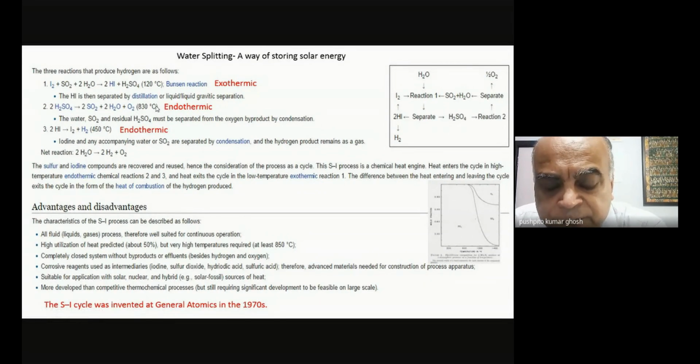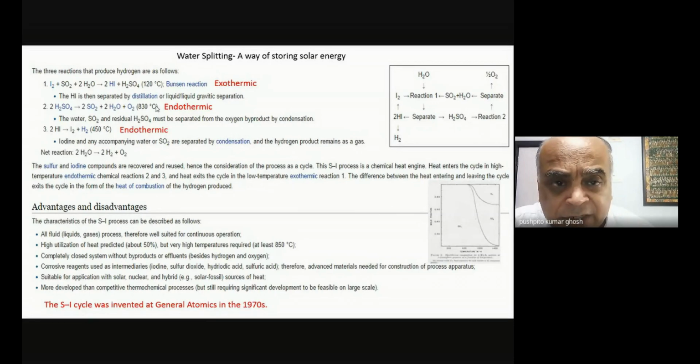You understood? And 830 degrees centigrade is a temperature that I might be able to achieve through solar concentration, whatever we discussed, those parabolic dishes and troughs.